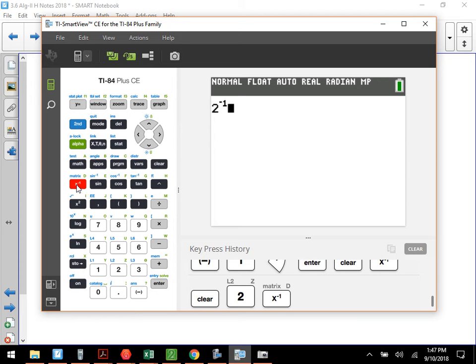I bet it's a half. Anything to the -1 power is an inverse. You inverse it. Inverse, it flips, it undoes stuff.